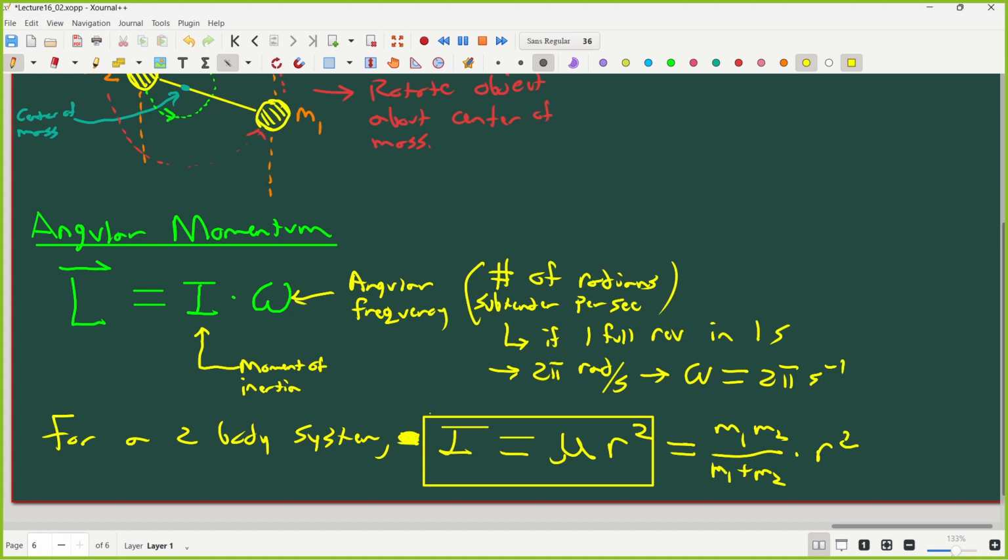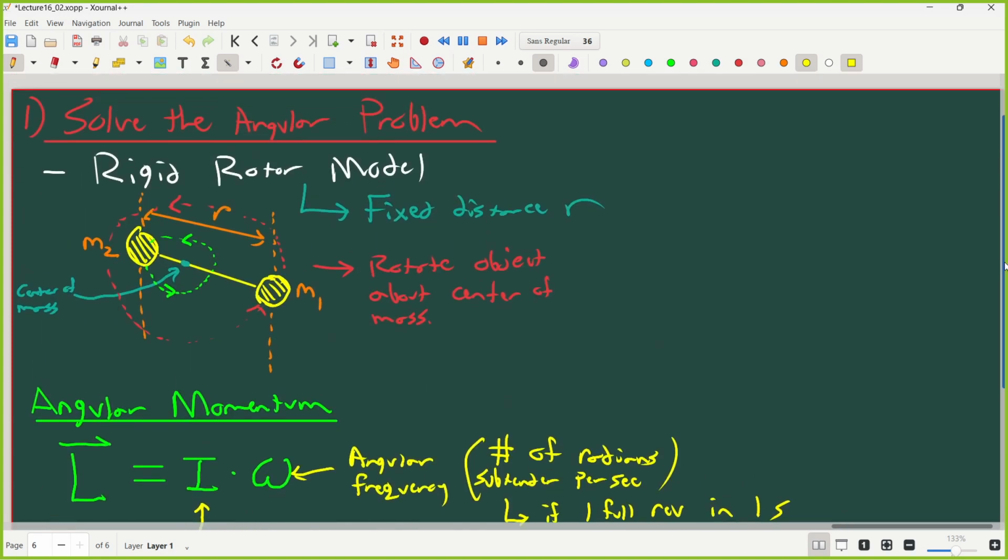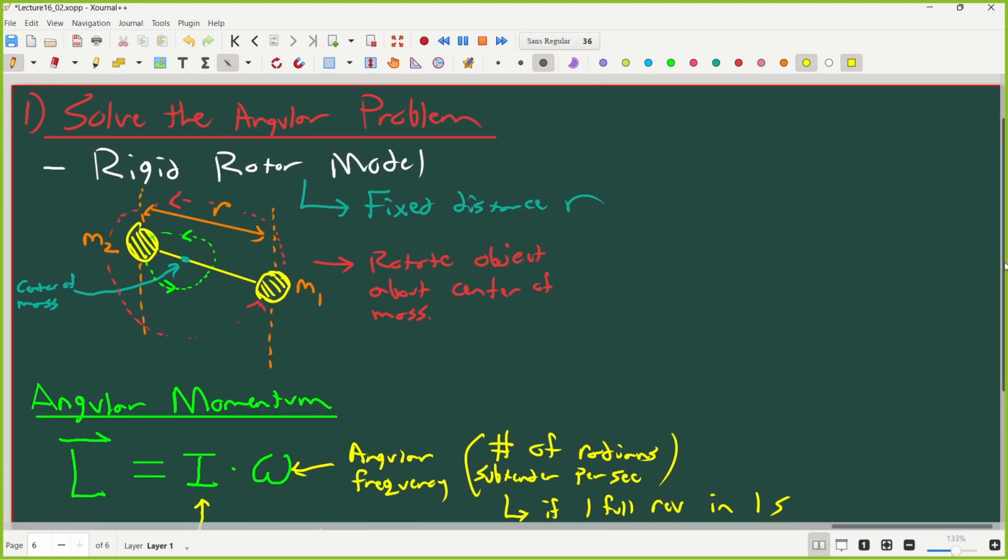And of course, what we want to do is relate this to energy. I want to know how much energy it takes to get this thing to spin up to a certain rate. Well, it turns out that's super easy to calculate, and this will be a really helpful relationship for us: the resultant kinetic energy, so I'll put this up here.